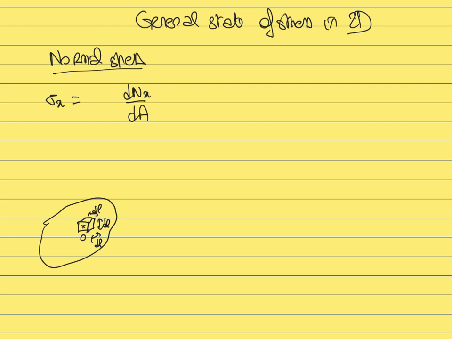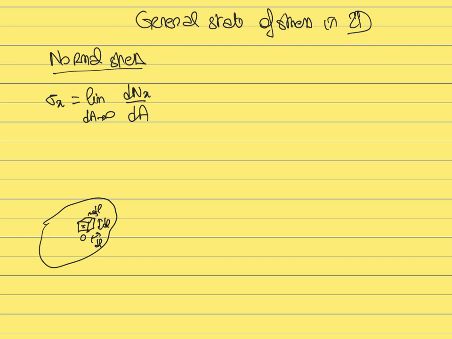But ultimately, we want this cube to be as small as possible so that it's as close as possible to a point. So if we want to do this, what we will do, mathematically speaking, is that rather than defining the stress as simply the load divided by the area, we are going to take the limit of this ratio when the surface becomes very small.